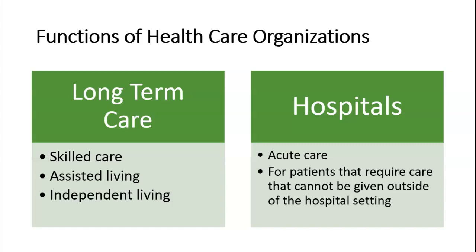So skilled care, assisted living, independent living, these are things like the nursing home where we would be doing our clinicals at, things of that nature. That's long-term care. Hospitals are considered acute care, and acute meaning they're there for a short time. So the patients require care that can't be given outside of that hospital setting. So it may be like IVs or surgery or 24-hour nursing, quality type care, ventilators, things of that nature.